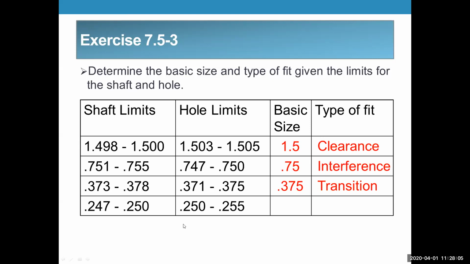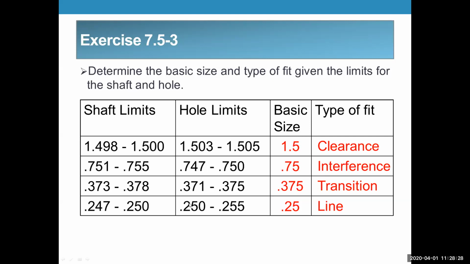So here I've got line to line because they're the same size, and here I have clearance because the smallest shaft is 8 thousandths smaller than the largest hole. So I think it's going to call it a line to line, right? Or a line fit, yeah.